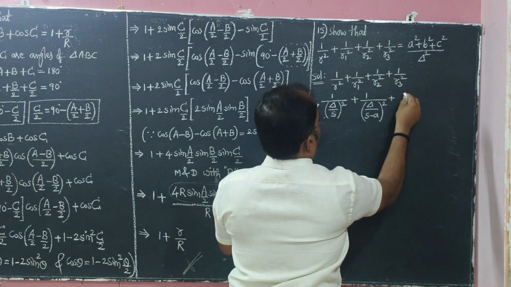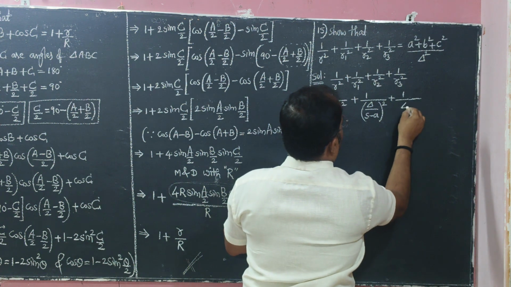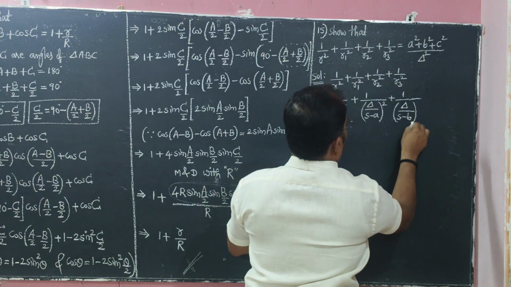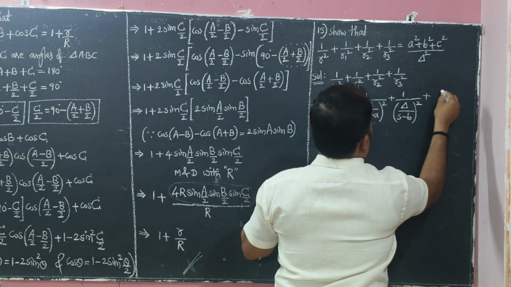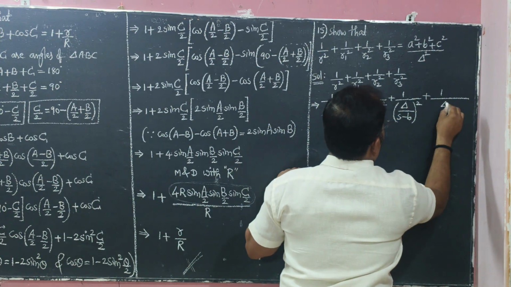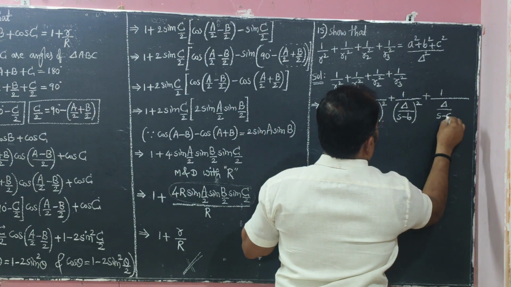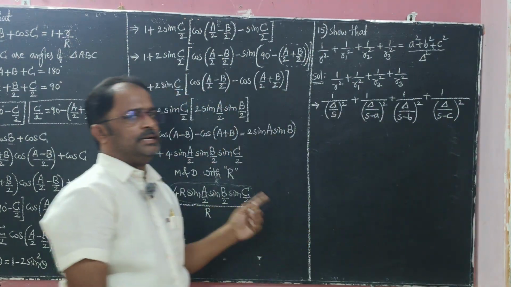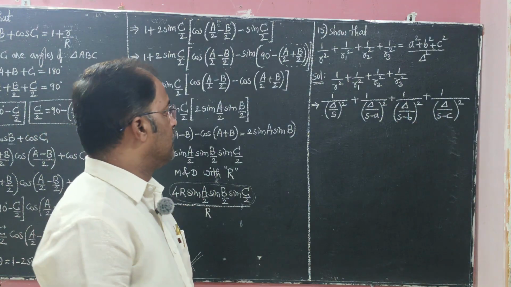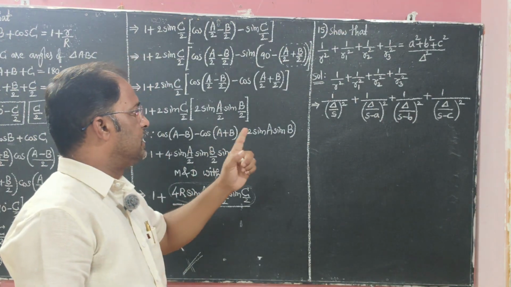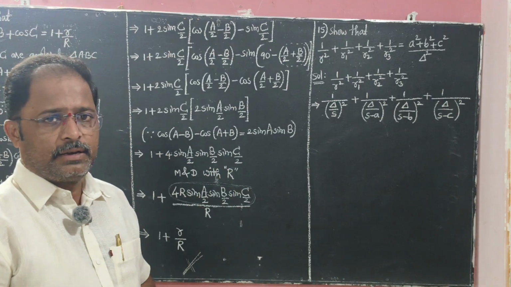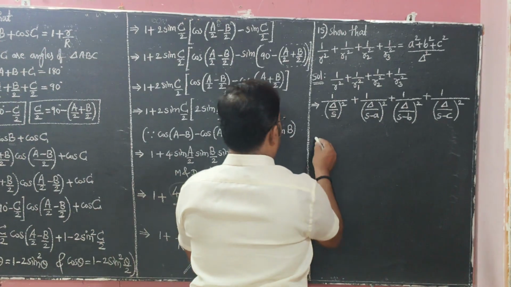Next, r2 square is Δ/(s minus b), the whole square, and r3 formula is Δ/(s minus c), whole square as it is. Just substitute: r value is Δ/s, r1 value is Δ/(s minus a), r2 value is Δ/(s minus b), r3 value is Δ/(s minus c).